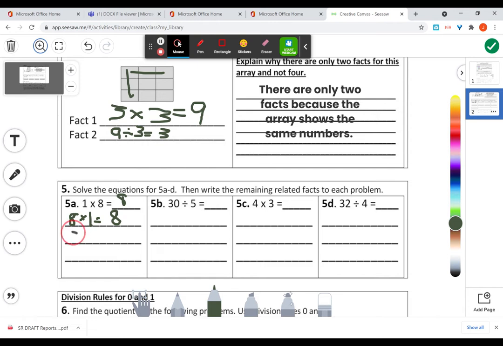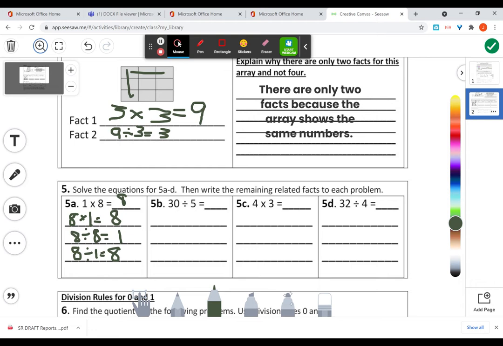And then when I work on my division, I need to start with my greatest number. I'm just going to pick the 8 this time, and that's going to equal 1. And the same thing, I'm going to take my 8 again, and this time I'm going to divide it by 1, which is going to equal 8. So you can see consistently, I am using the same numbers over and over again. I'm just putting them in the correct order, and I'm putting them with the correct operational sign.